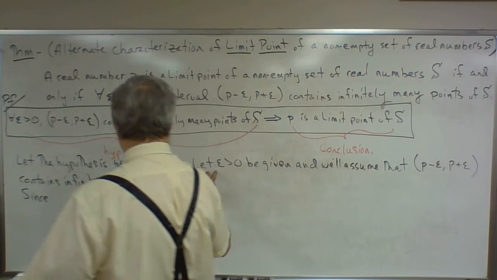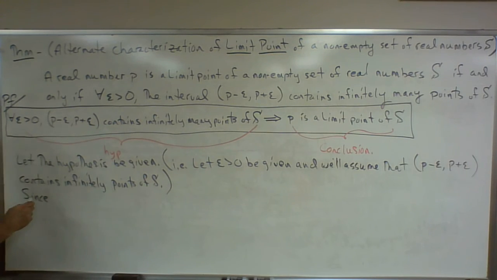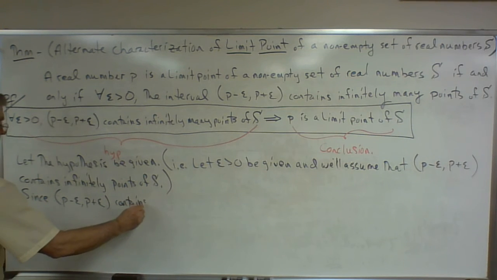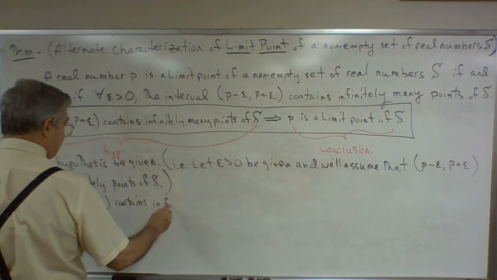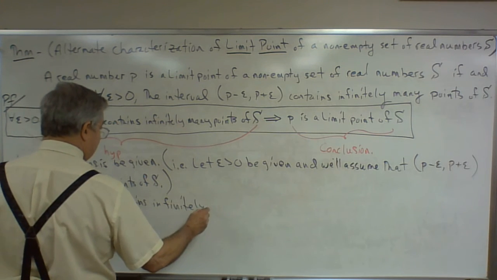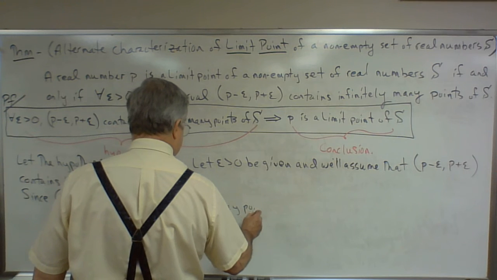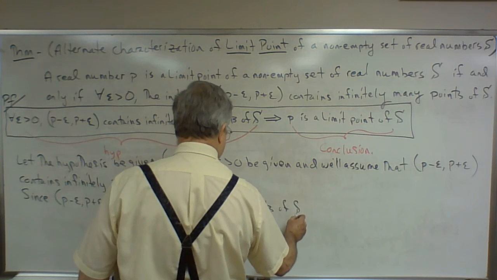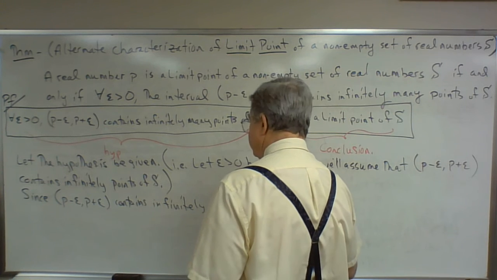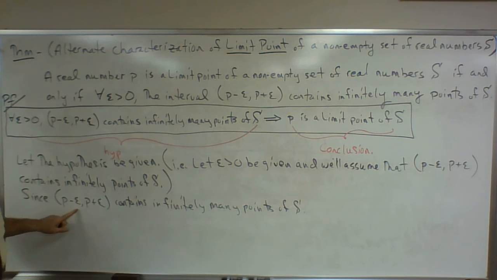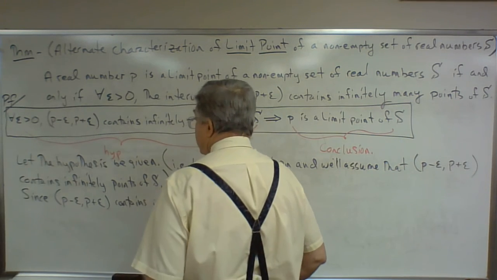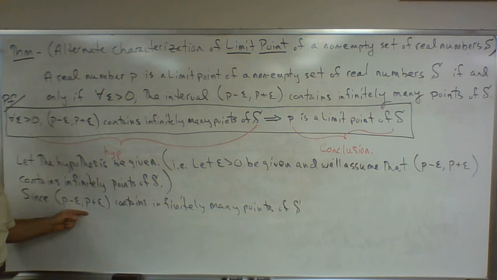Well, don't we already have that? This interval contains infinitely many points of S. Now, if this interval contains infinitely many points of S, how many of those points can be equal to P?